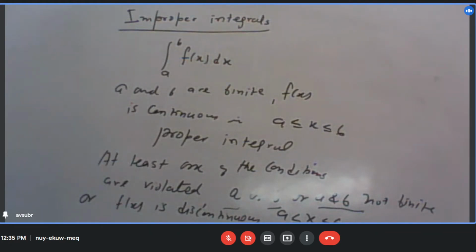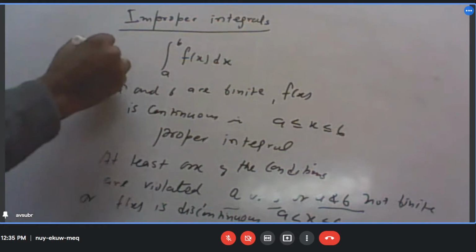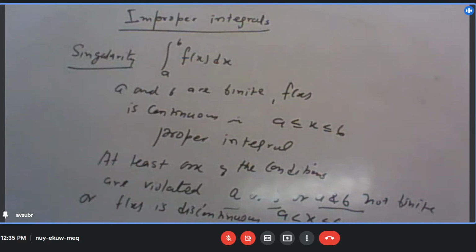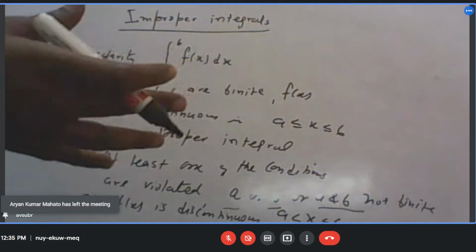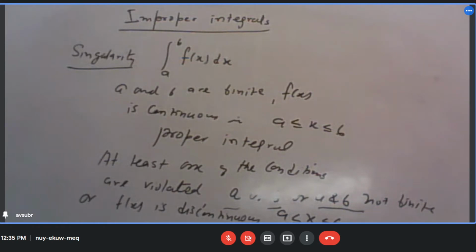Singularity means that as that value approaches, the function goes to infinity. It blows up. That we call singularity. In very simple words, as some point approaches, the function goes to infinity.